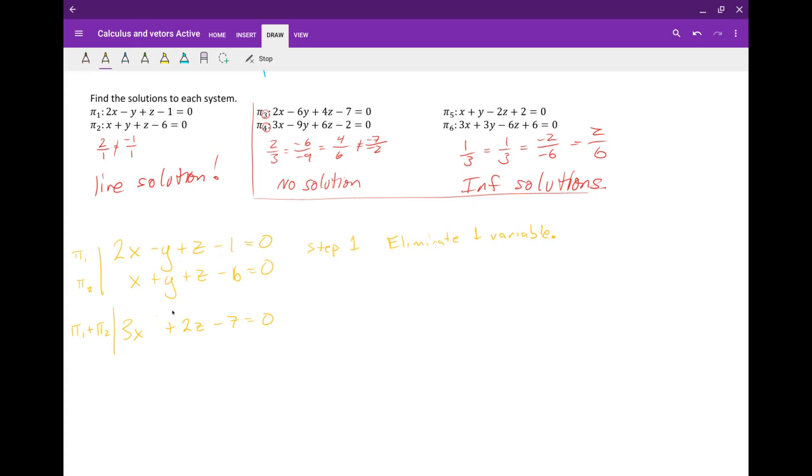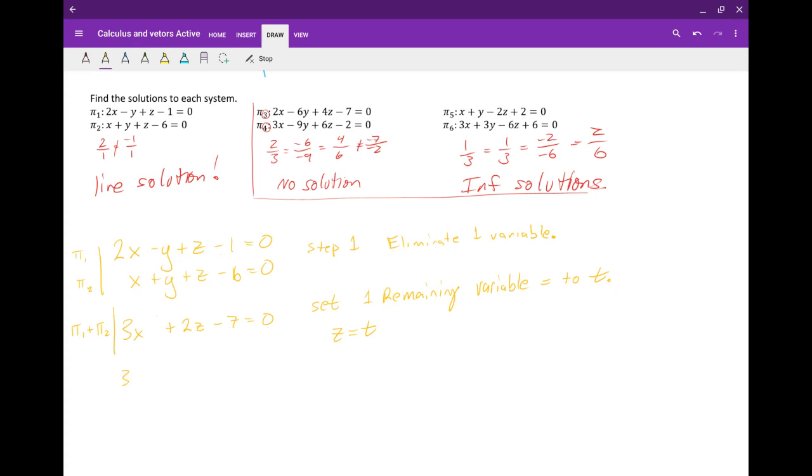All right, so now that I've got one variable eliminated, you see that I've got a single equation with one unknown value. Okay, so now in step 2, I'm going to set one remaining variable equal to t. So in my case, I'm going to just say z equals t.